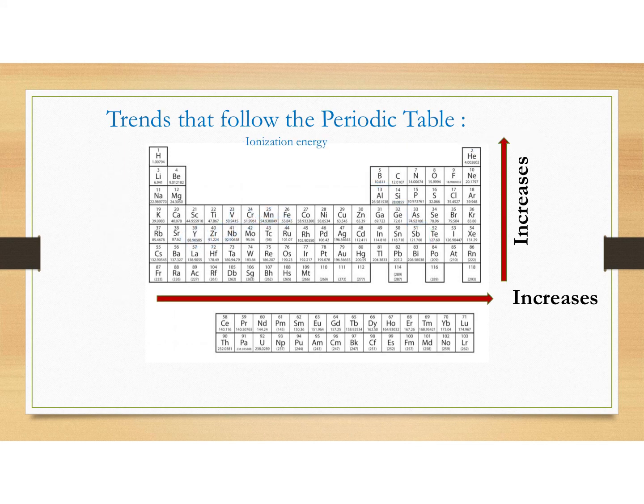The last trend we're going to talk about is ionization energy. Now, metallic character and atomic size follow the same trend. When I look at ionization energy, it increases from left to right and from bottom to top.